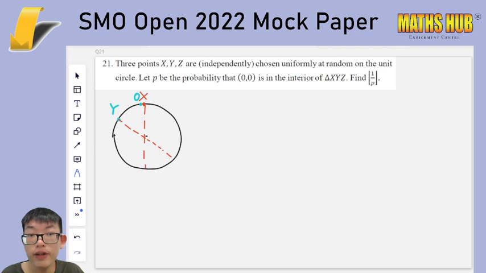So anywhere within this wedge would be just right. In other words, whatever the length of xy is precisely going to be the portion of it in which you're going to be able to have z such that it covers the center.